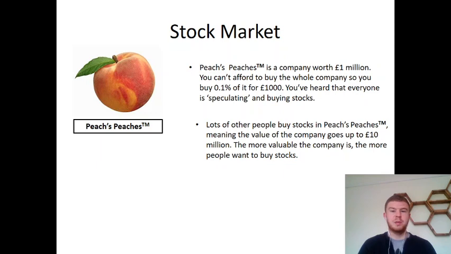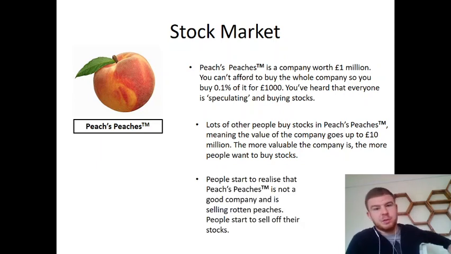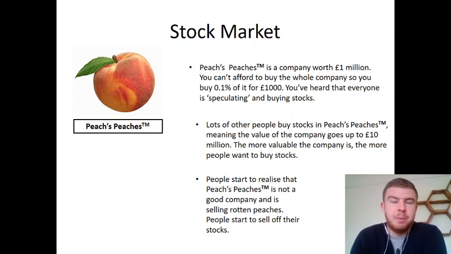The more valuable the company is, the more people want to buy stocks because they think things are going really, really well for Peaches. And then something bad happens. People start to realise that Peaches might not be a good company. Maybe the peaches it sells are not as good as people thought before.